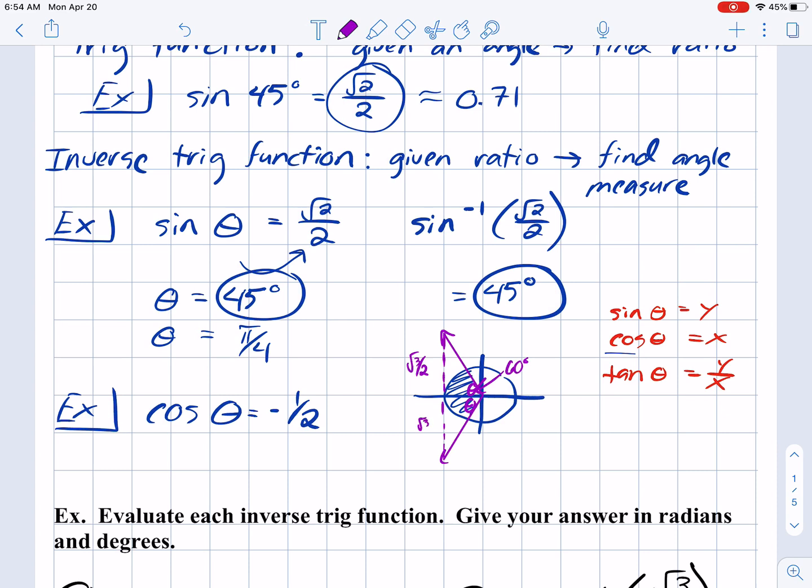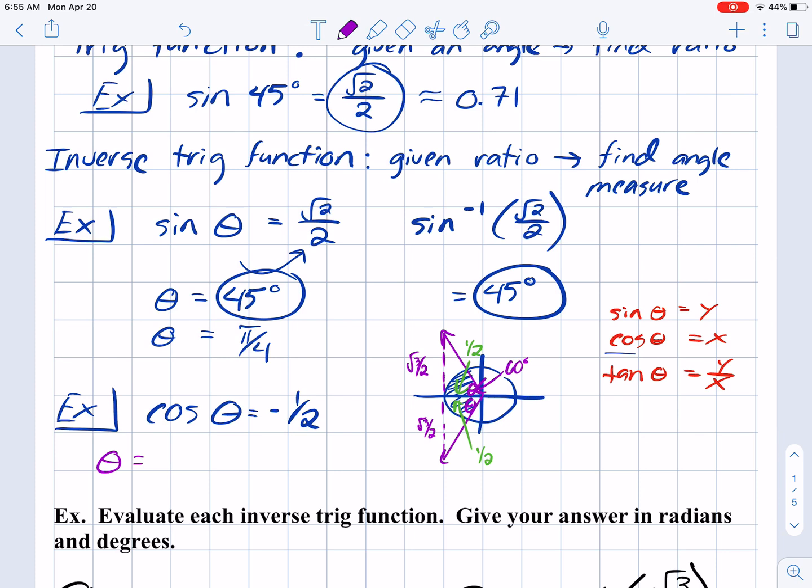So if my y is root 3 over 2, that means I know my x coordinate is 1/2 for both. So that 60 degree reference angle is going to get you the two angle measures for theta where you would get negative 1/2.